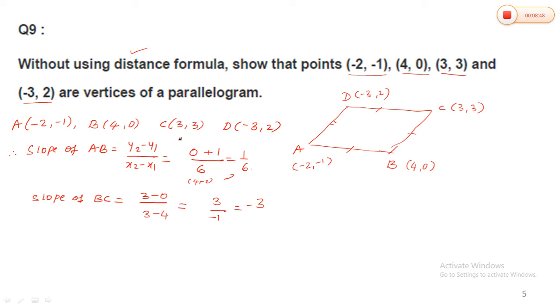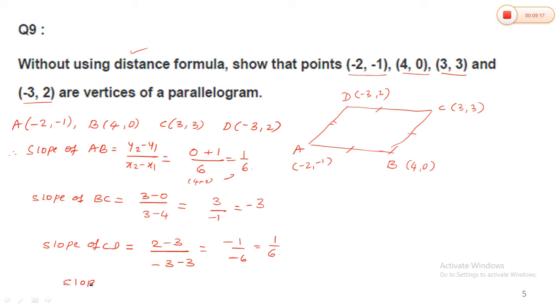Next, slope of CD. Slope of CD is equal to 2 minus 3 divided by minus 3 minus 3. Minus 1 divided by minus 6, this is equal to 1 by 6.